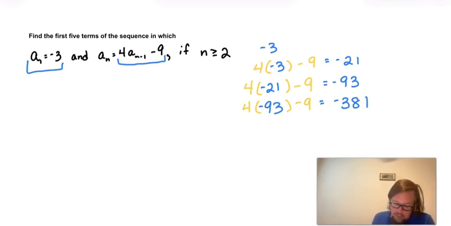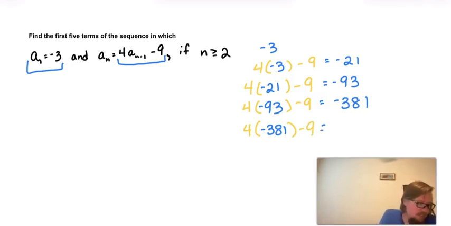All right, we got to do this one more time. 4 times -381 minus 9 is, back to the calculator, let me clear this out. Whenever I clear my calculator, I just mash the clear button like 17 times.